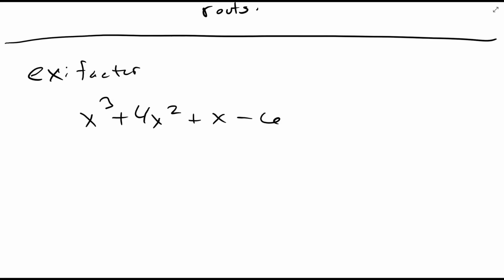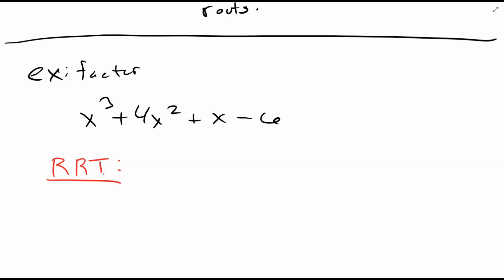So let's say we have this polynomial that we're asked to factor. The first thing that I'm going to want to do is use the rational roots theorem to identify any possible rational roots.